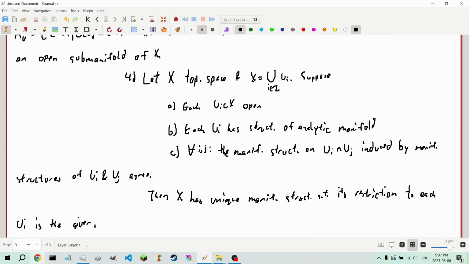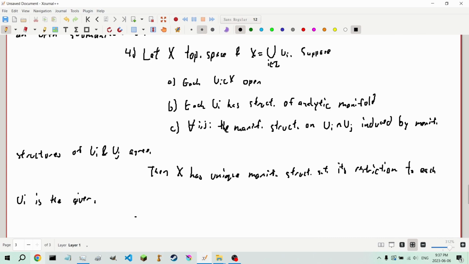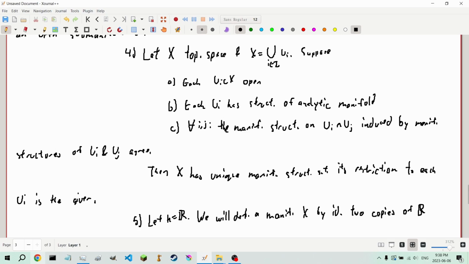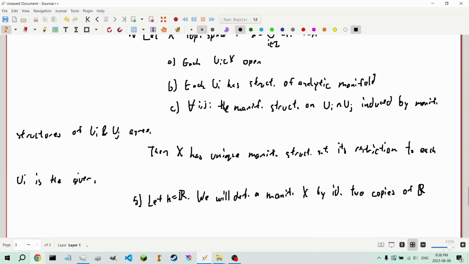Okay. And finally, number 5, we're going to let K be the reals. We will define a manifold X by identifying 2 copies of R everywhere except 0.